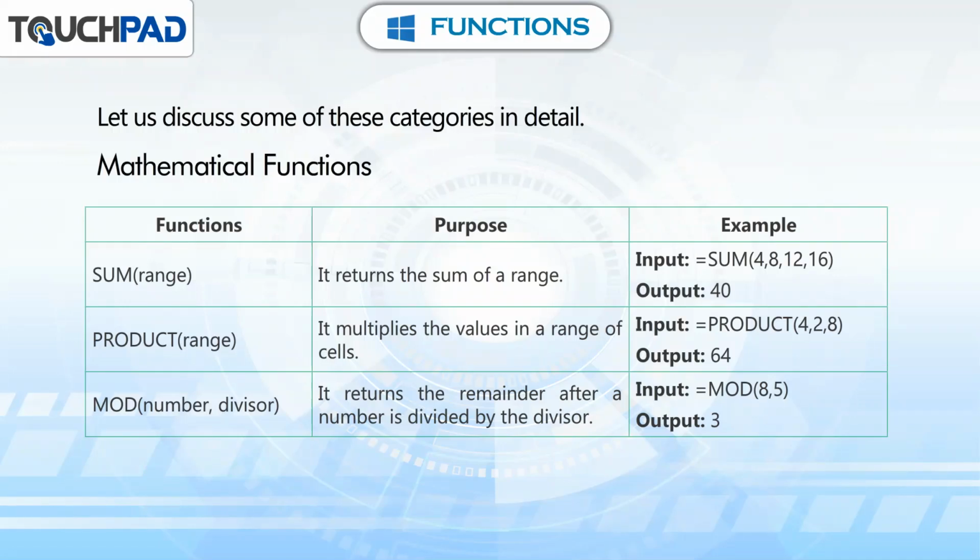It multiplies the values in a range of cells. Input: =PRODUCT(4,2,8). Output: 64. MOD(number, divisor). It returns the remainder after a number is divided by the divisor. Input: =MOD(8,5). Output: 3.